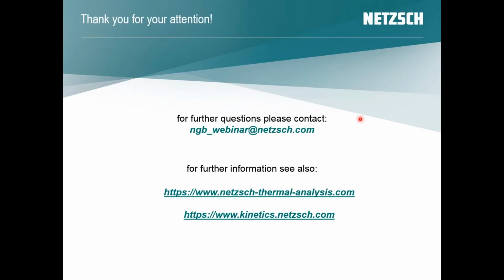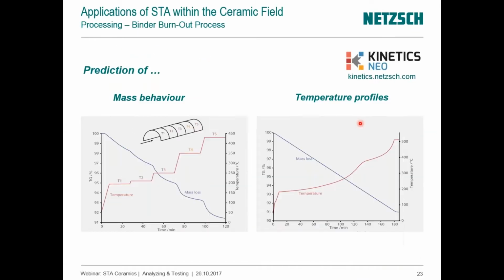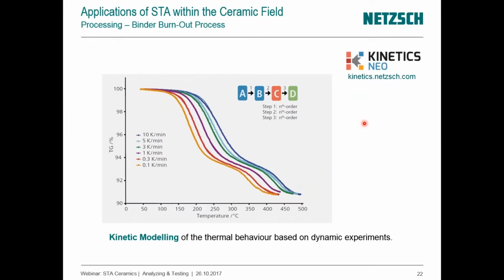So as described before, we can, in principle, analyze any kind of decomposition reaction because we try to model the behavior which we are measuring. So if you are, for instance, facing a multi-step reaction like you see here, you can change each of these steps in between to really get the modeling done.